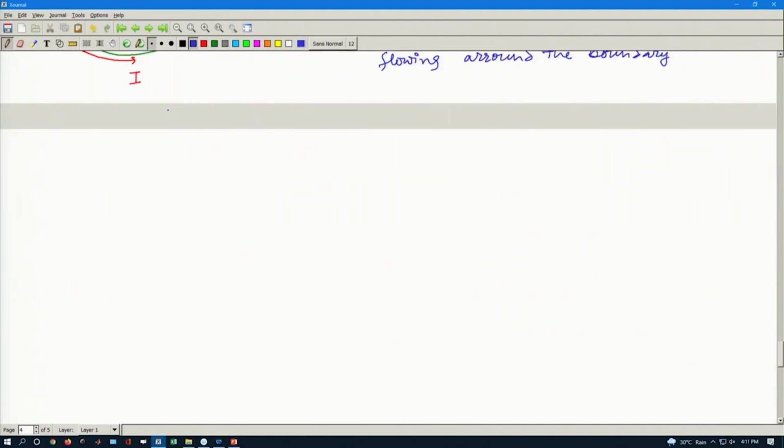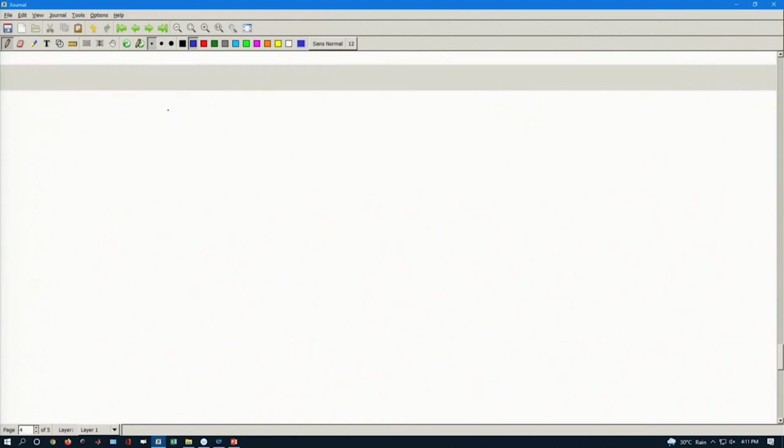Now, if I draw here, let me quickly. I have a system here like this. Suppose this is my area A, and the current is flowing over this part.